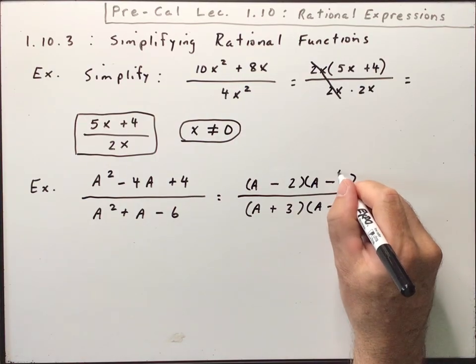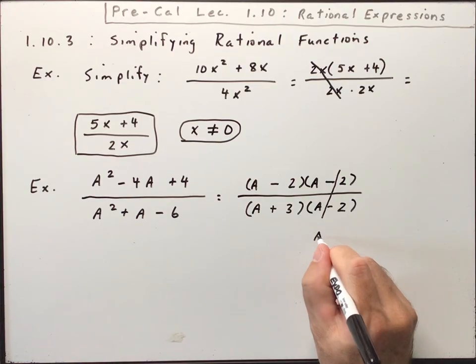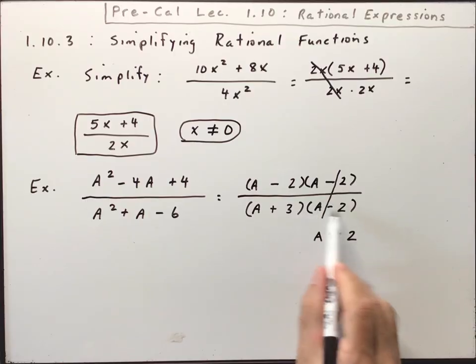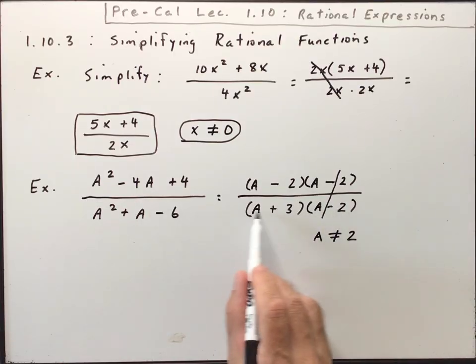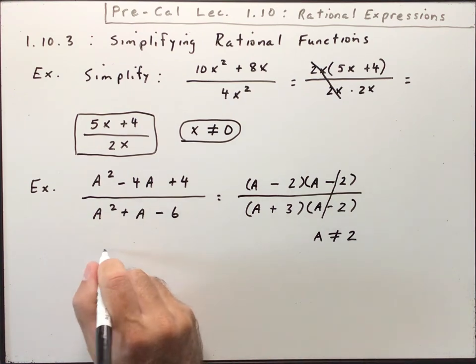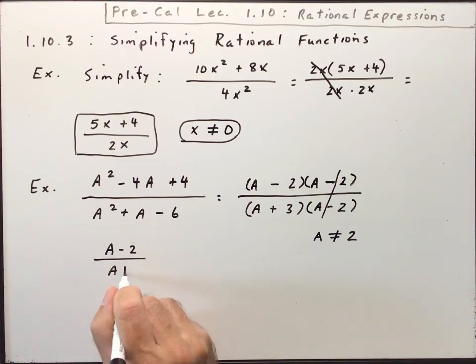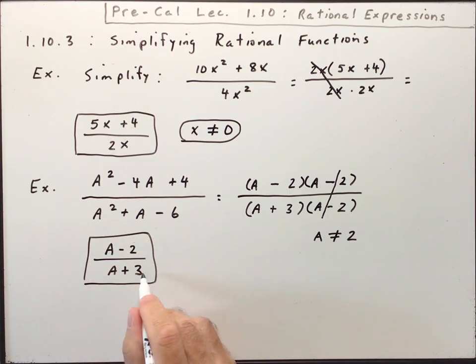Okay, so we can cancel that out as long as a does not equal 2. See how if a is 2, it makes that parentheses 0, which would make 0 times anything is 0. It'd make that whole denominator 0. So the final simplified answer is a minus 2 over a plus 3, but I've got another domain restriction here.